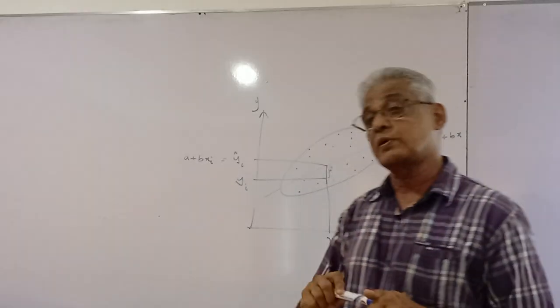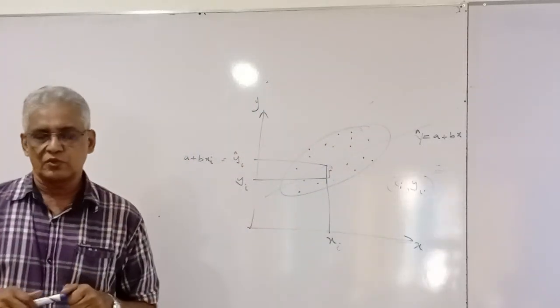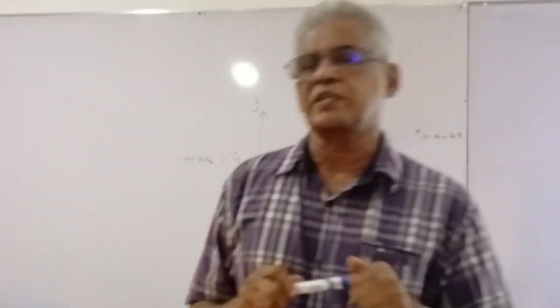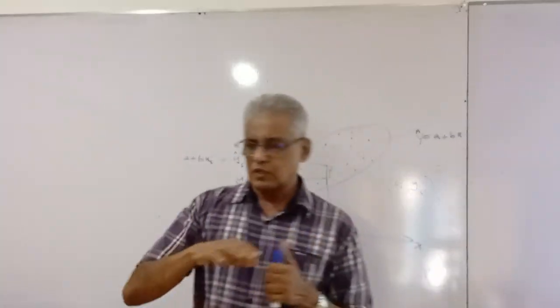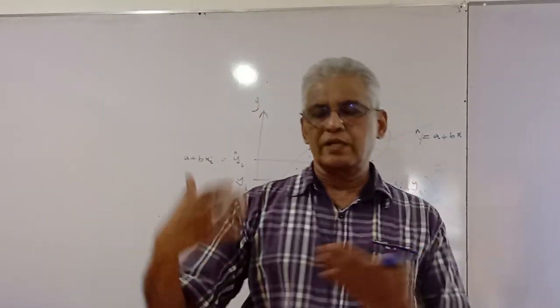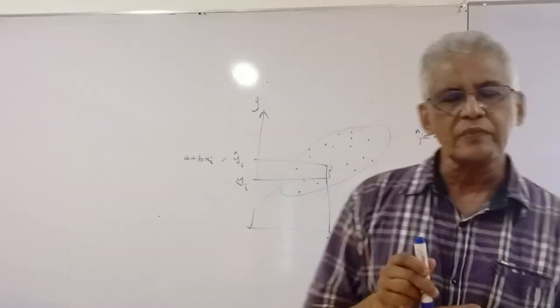So it's possible that the total error will cancel out. Therefore, directly using the total error is not a good criterion, because even for a bad line, the total error can be very close to zero because of cancelling out.